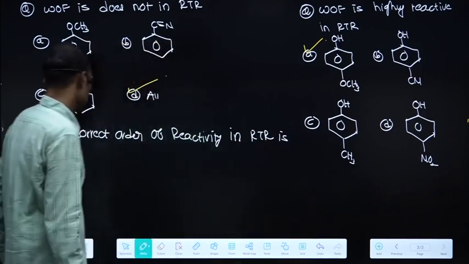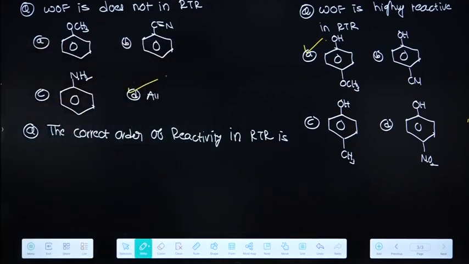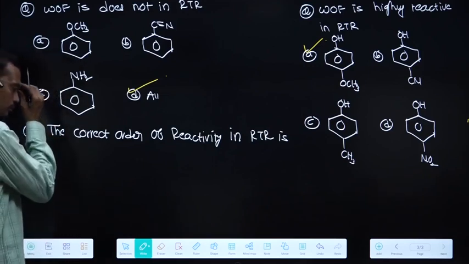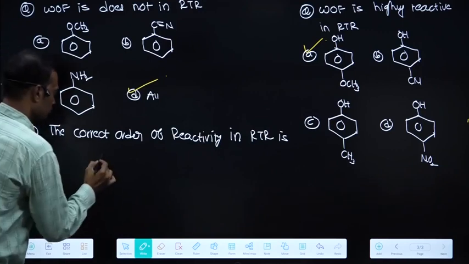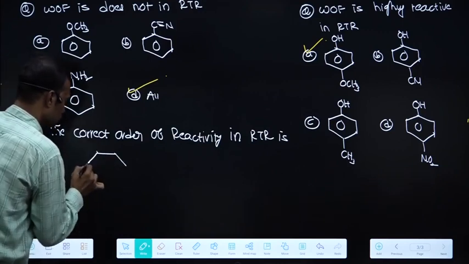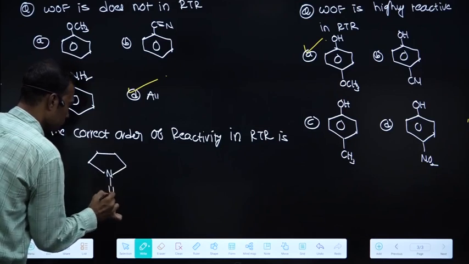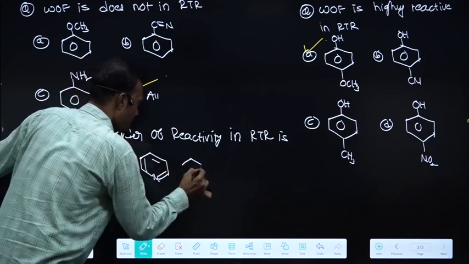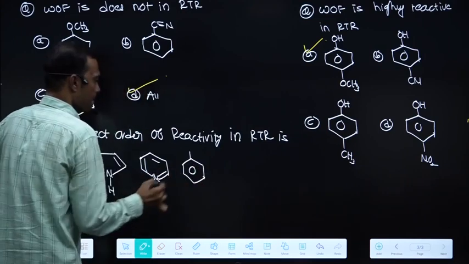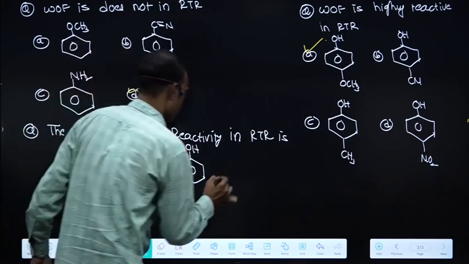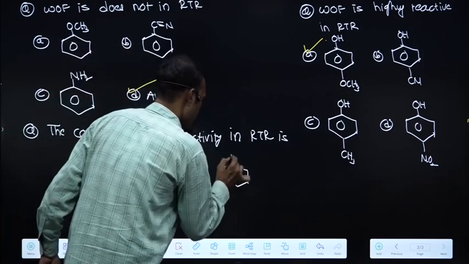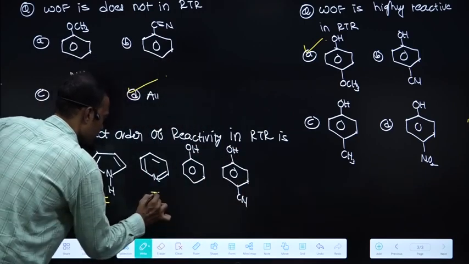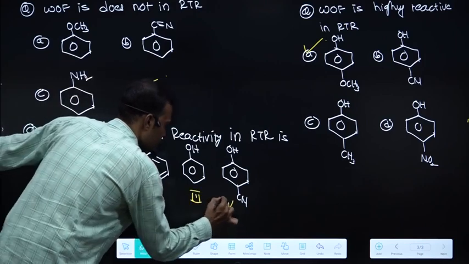What is the correct order of reactivity in RTR? This is 1, 2, 3 and this is 4.